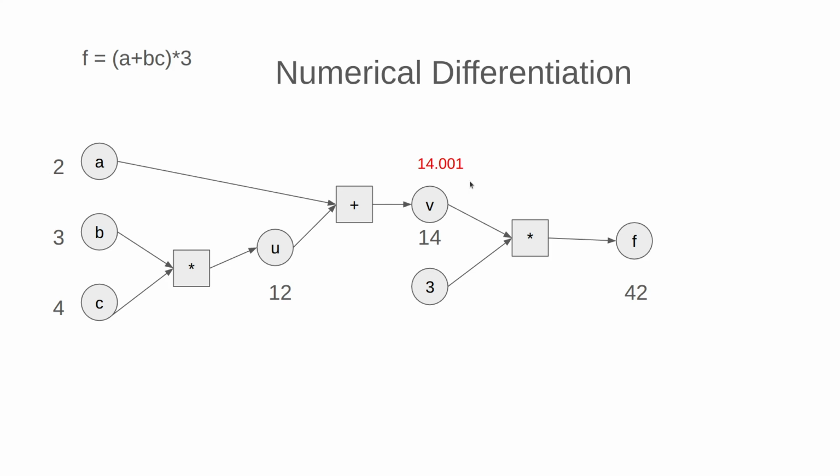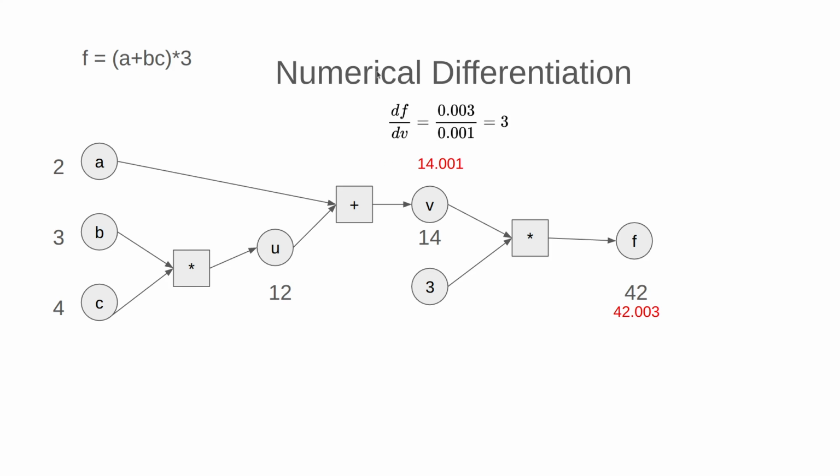Okay, and then we evaluate the computational graph again, so we know that f will become 42.003 here. So df is from 42 to 42.003, so df will be 0.003, and dv is from 14 to 14.001, so it will be 0.001.